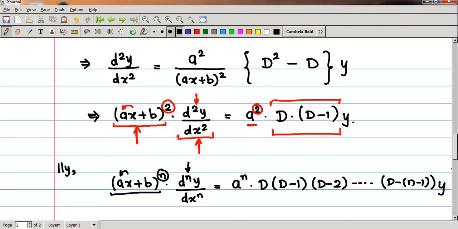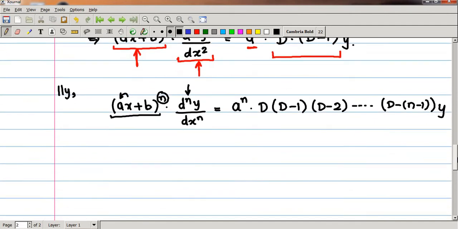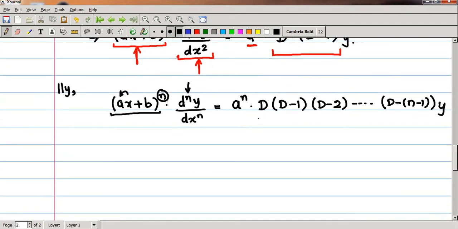These are the linear factors. These are n linear factors. So the degree of this will be n, which is the same as the total order of differentiation. So from this we can rewrite equation number 1.